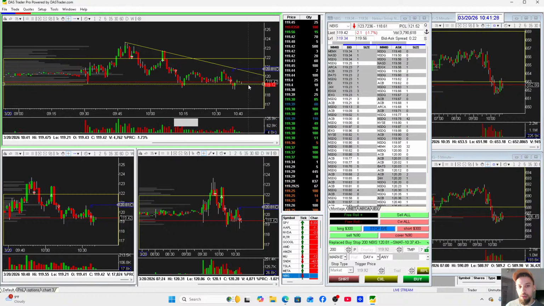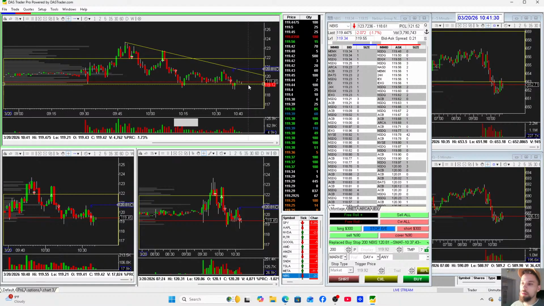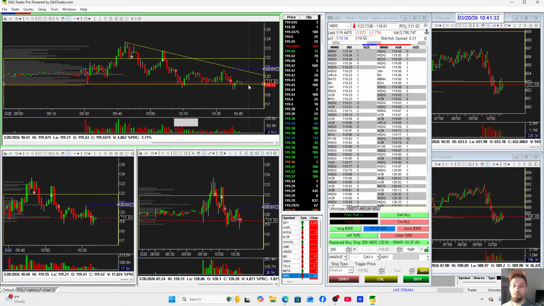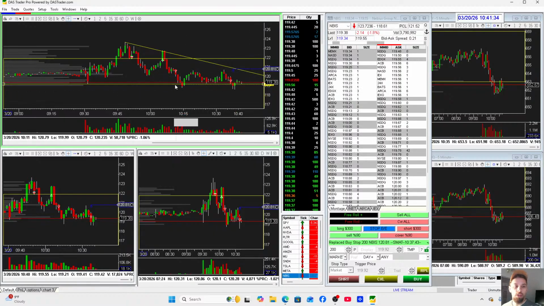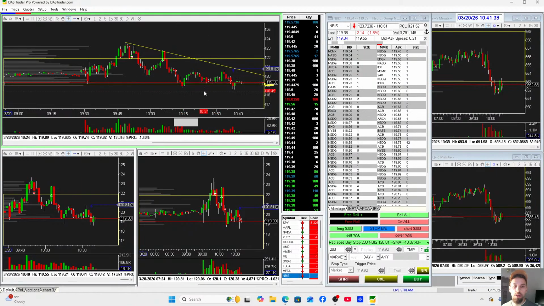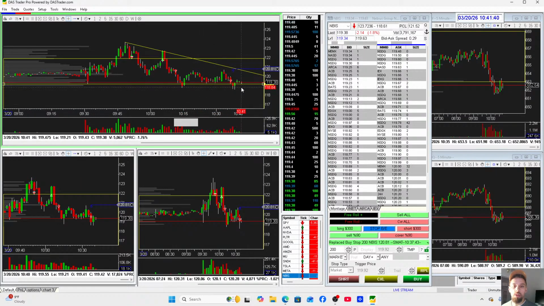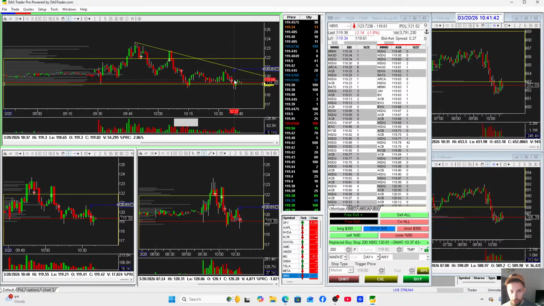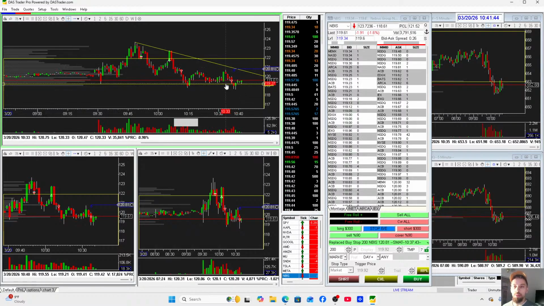That 119 is just significant support. It's bouncing off it a lot. One point, second one, third one, fourth one. It does not want to lose that level.